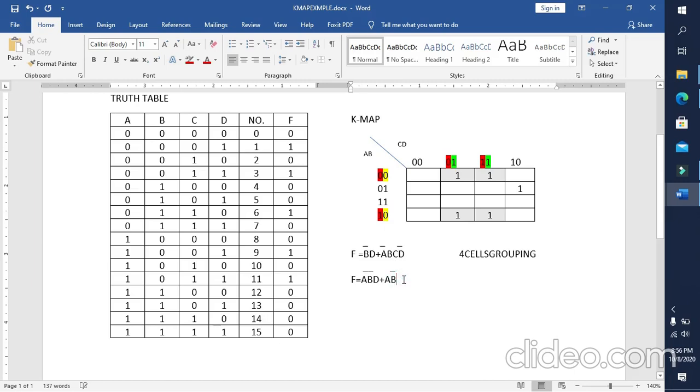And then, here, ang grouping niya is only also D. And you are going to copy this last term. Okay. So, this is now for 2 cells groupings.